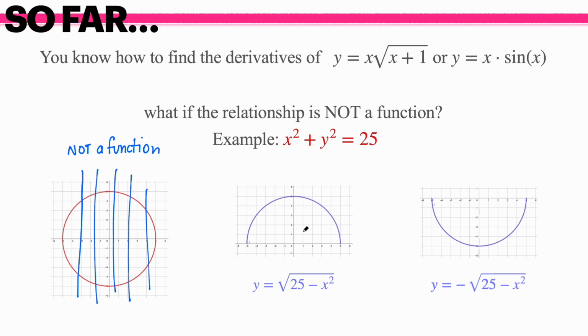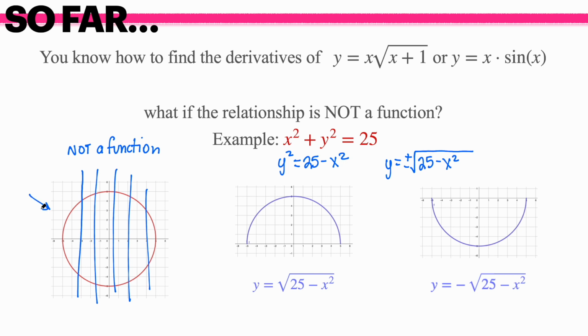If you were to solve for y, you would have to subtract x squared, but then when you get rid of the square by taking the square root, it becomes a plus or minus. Why? Because the positive would give you the top arc, and the negative would give you the bottom arc.